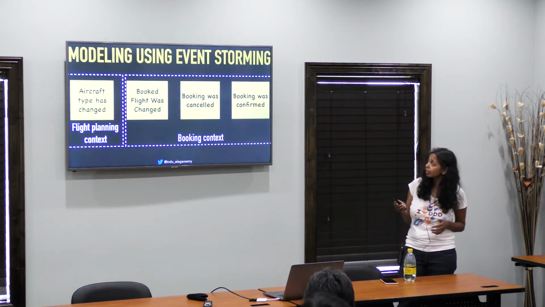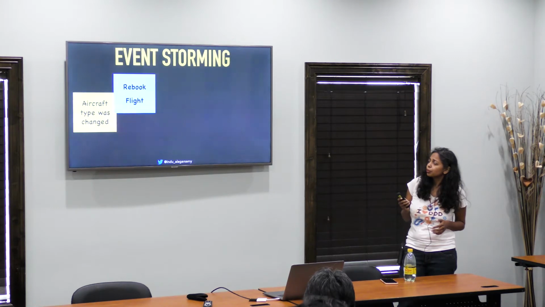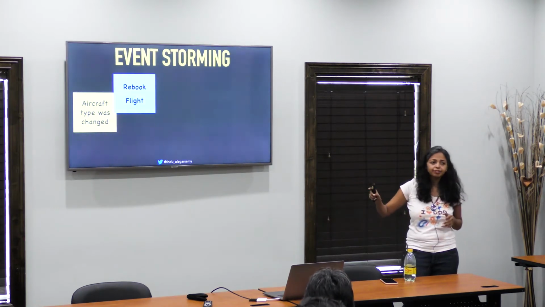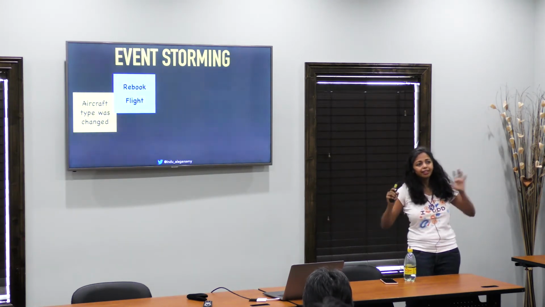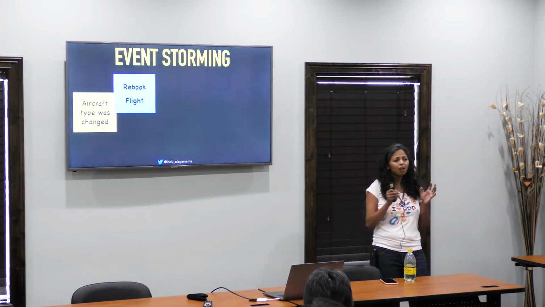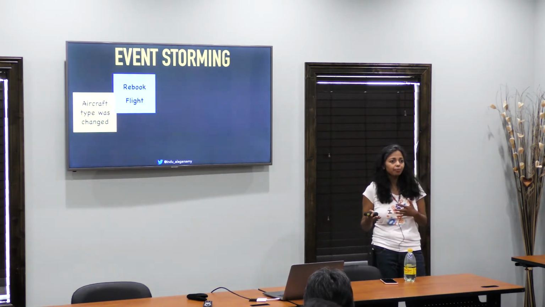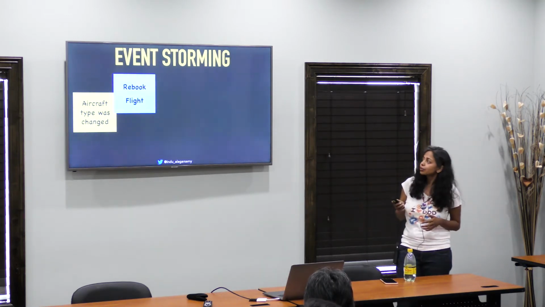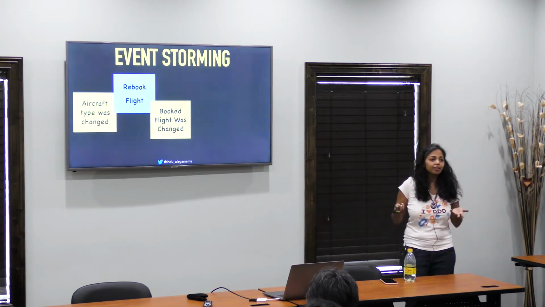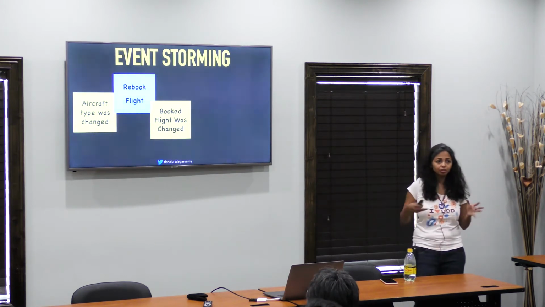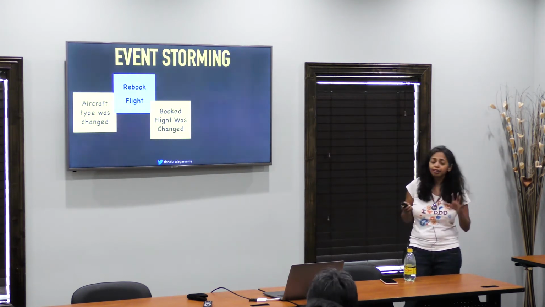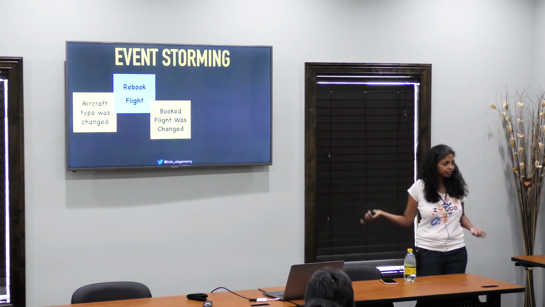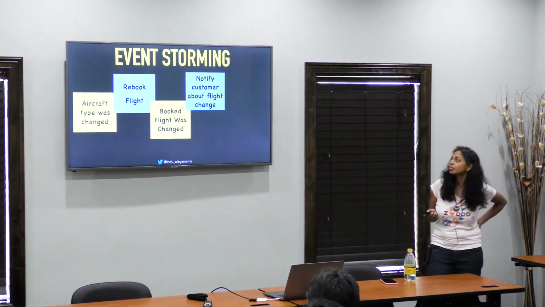So in event storming, once you've identified events, you start asking yourself, what happens after this event happens? Or what should happen? Then you start identifying those steps. So you go, okay, when the aircraft type is changed, I need to rebook this thing, and that could result in another event: booked flight was changed.